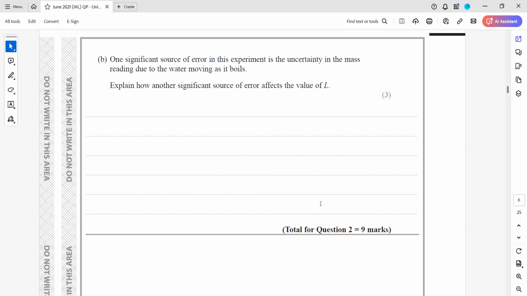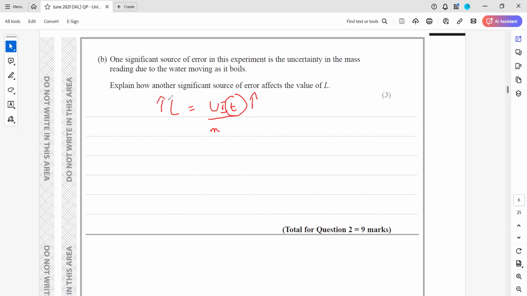Other things which lead to sources of error are heat loss to the surrounding, as usually it's a hot object. And if we have heat loss to the surrounding, we have the formula latent heat is VIt divided by m. So if there is heat loss to the surrounding, we have to heat for a longer time.